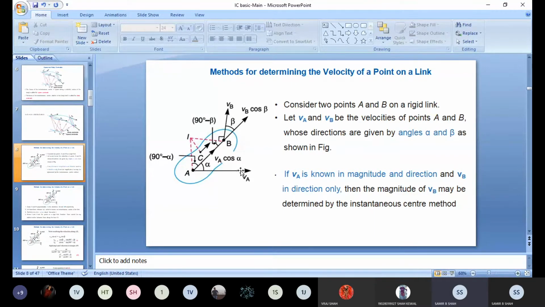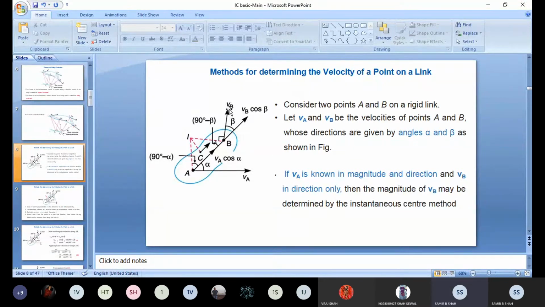If VA is known in magnitude and direction while VB is known only in direction, then the magnitude of VB may be determined by the IC or instantaneous center method. How?